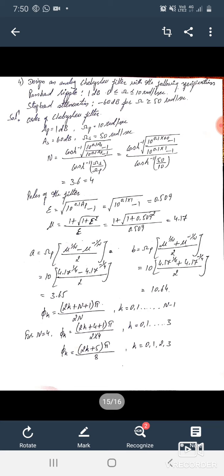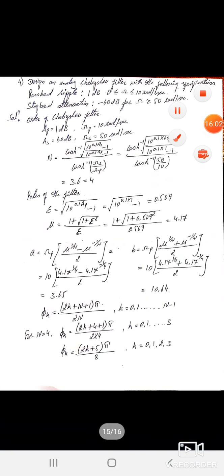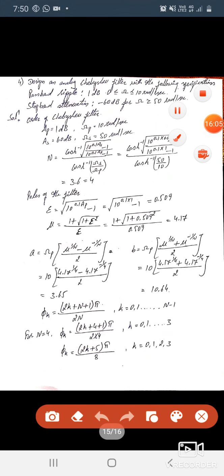Here in this problem, passband ripple they gave 1 dB, they gave what our frequency is, minus 60 dB for stop band and minus 50 for frequency.